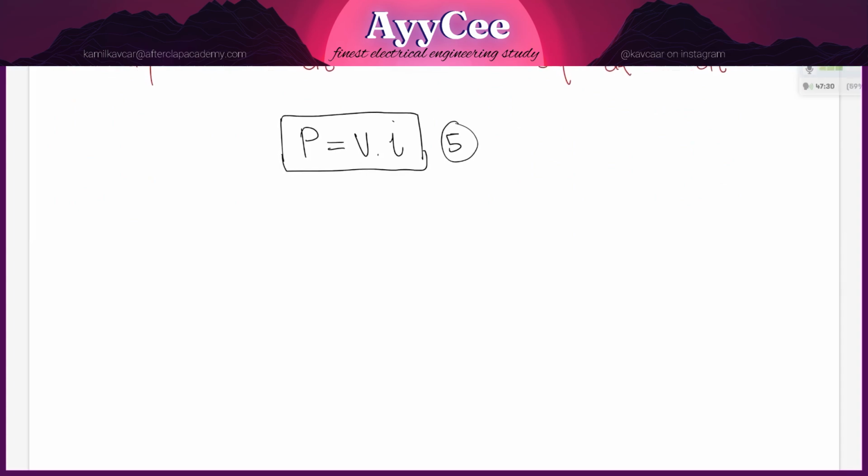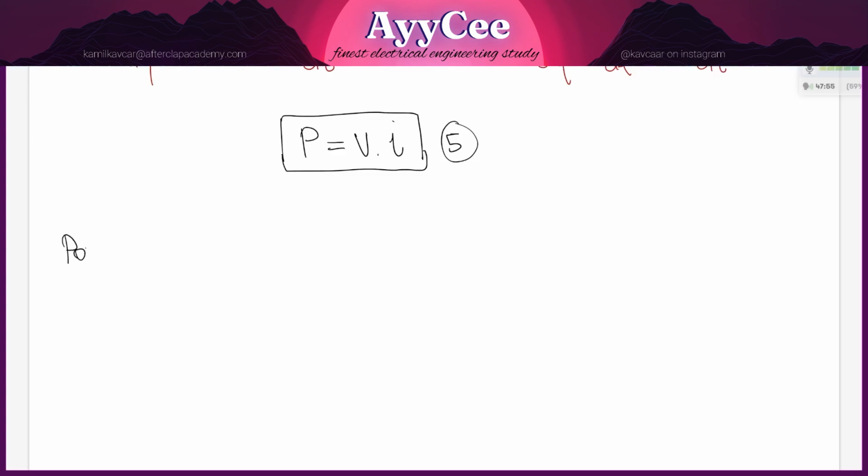Another thing about power is that sometimes an element can absorb power, and sometimes an element can supply power. Because when you think about it, imagine you have a battery. That does not absorb power, it supplies it. So how to understand if an element absorbs or delivers the power? Basically, there are 2 options.